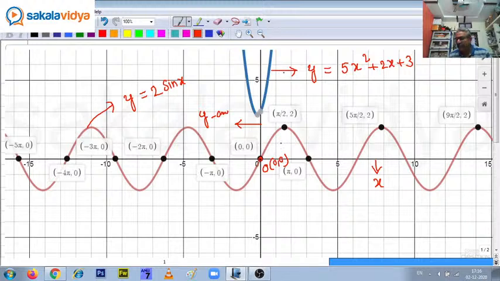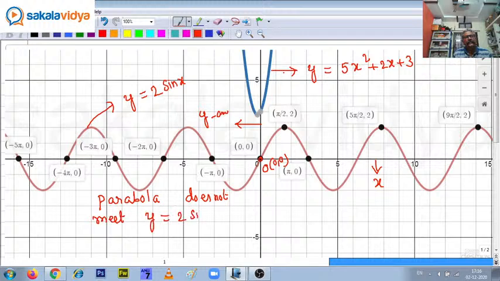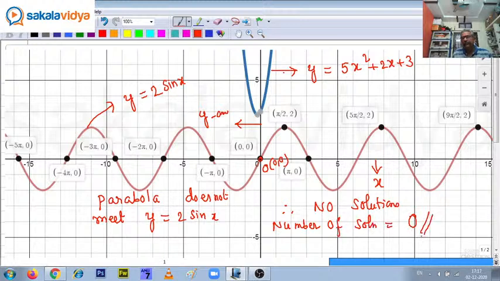So this curve does not cut that, which means the parabola does not meet y is equal to 2 sin x. Therefore no solution. Number of solutions is equal to 0. Answer is 0. First option.